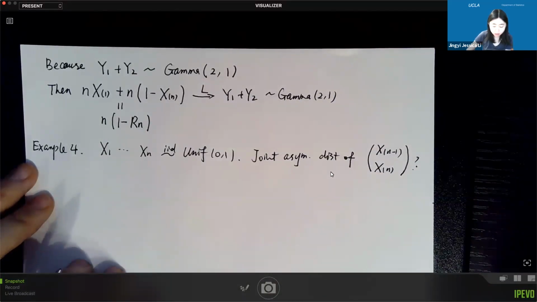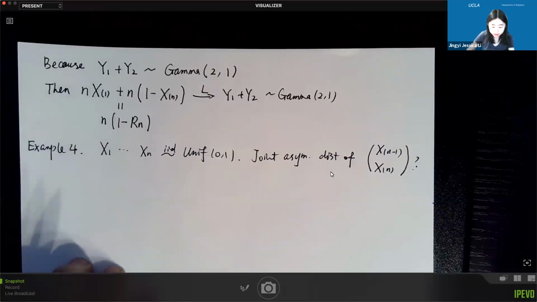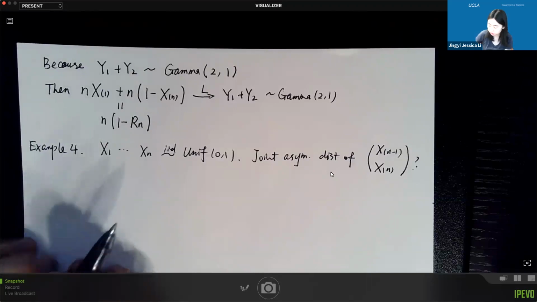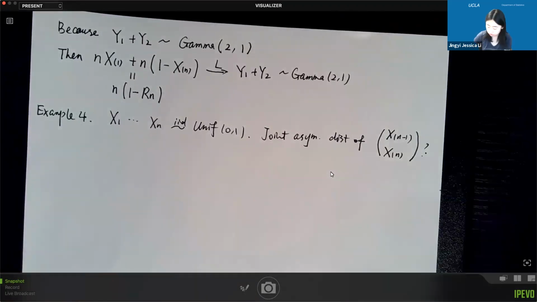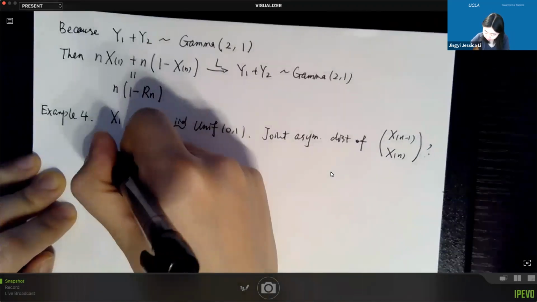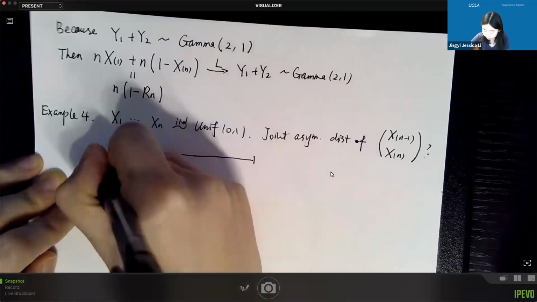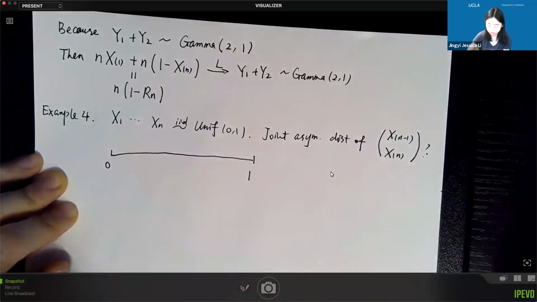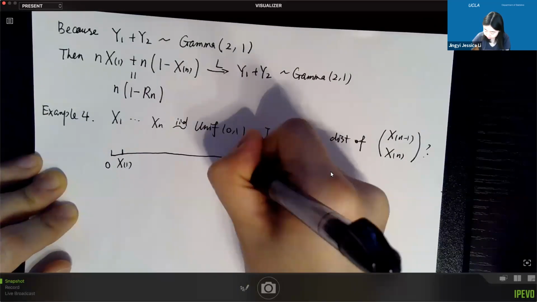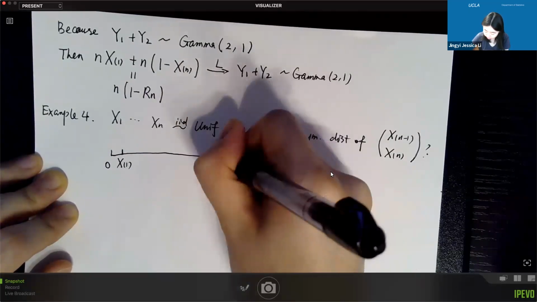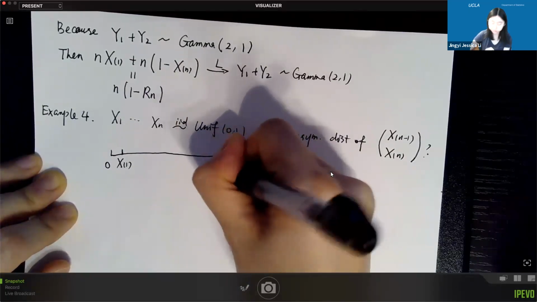One thing I want to tell you before we show it is a very, very interesting intuition. It's again about that drawing, from 0 to 1. Now I'm going to have this as the minimum, this as the maximum, and this as the second maximum.